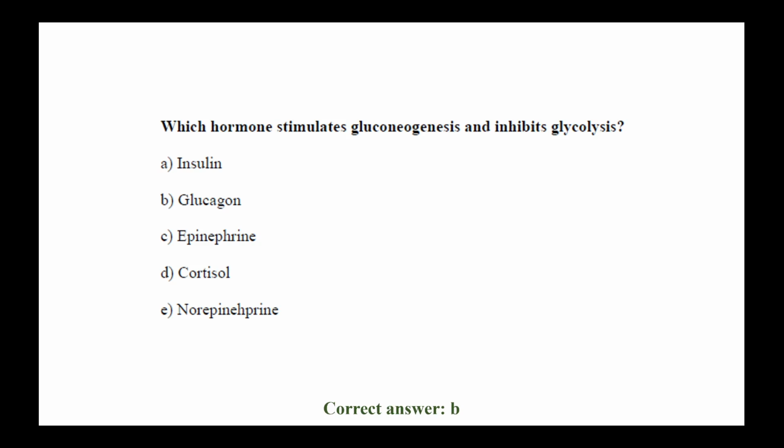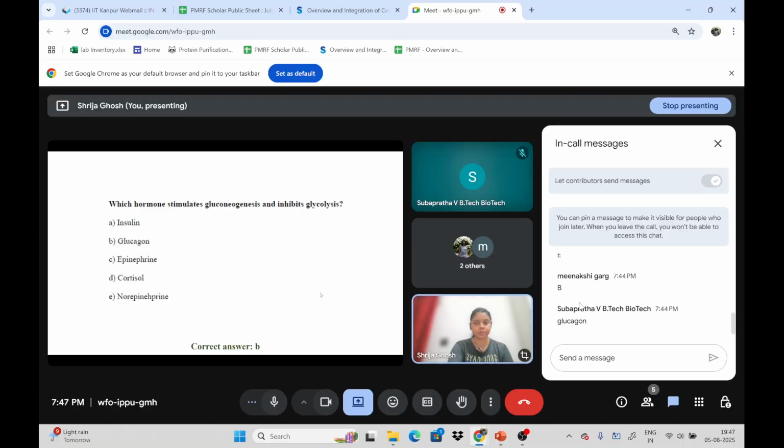So it will stop the utilization of glucose and start making more and more glucose. That's how the regulation between gluconeogenesis and glycolysis happens by these two hormones, insulin and glucagon. More insulin means more glycolysis, less gluconeogenesis. More glucagon means more gluconeogenesis and less glycolysis.